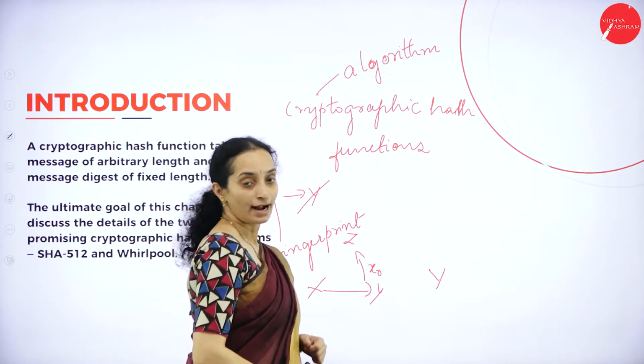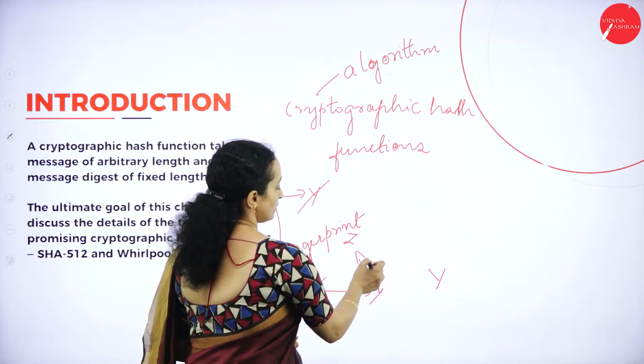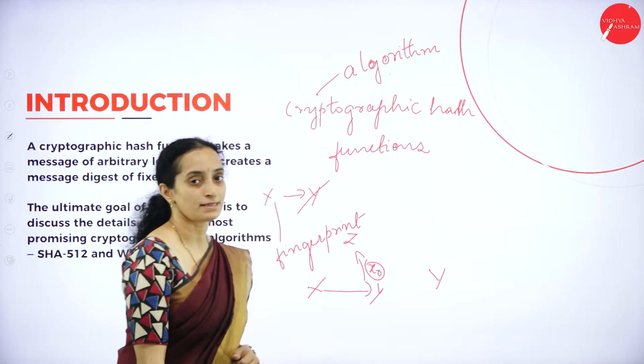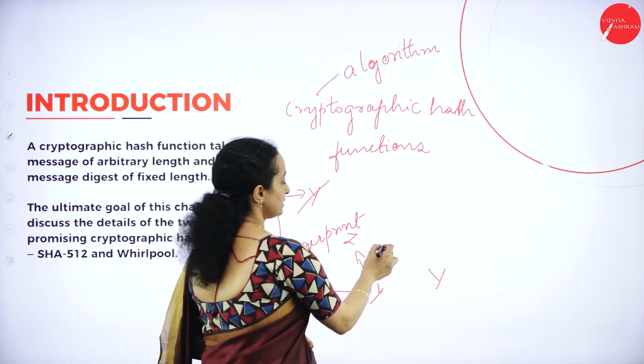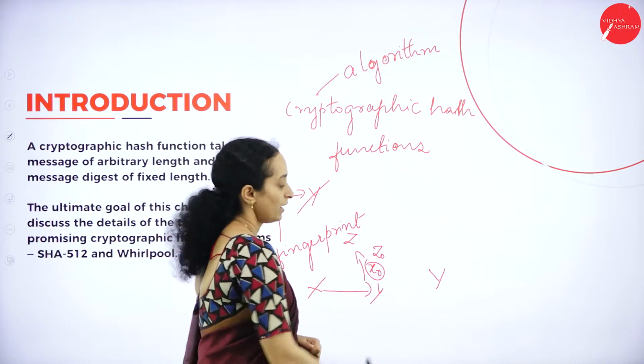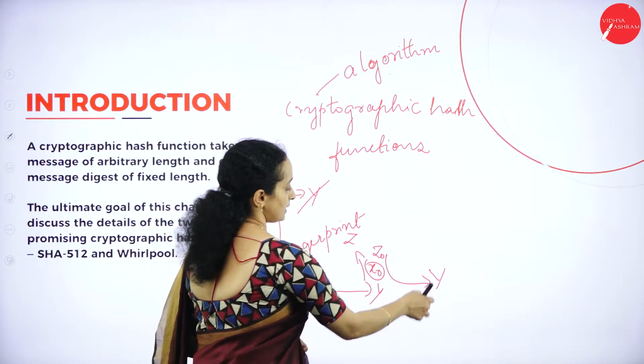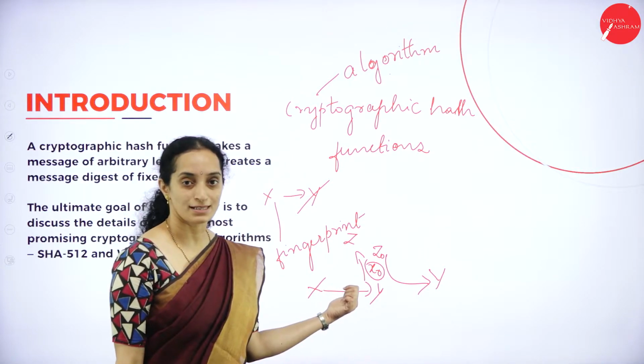The adversary Z captures the message X0 and changes it to Z0. And Z0 is sent to Y instead of X0.